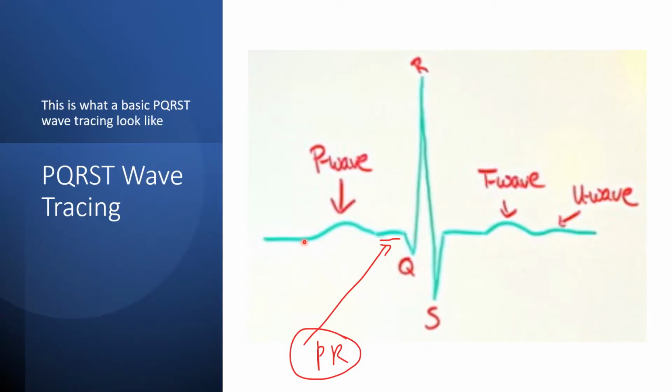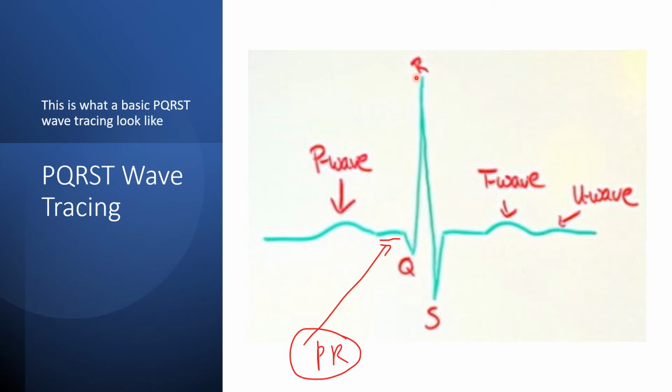So here you can see your P wave, that's your little hump there, all right? Your P wave is what we're looking at to recognize what is happening in the atrium. Your PR interval is going to be very helpful in looking at your heart blocks, which originate in your atrium as well.